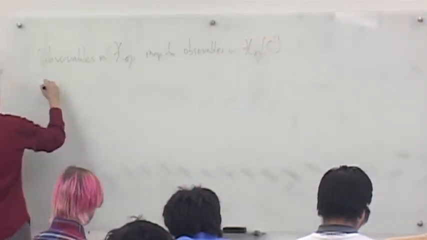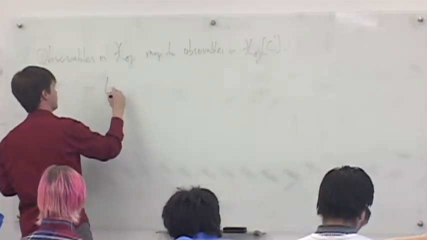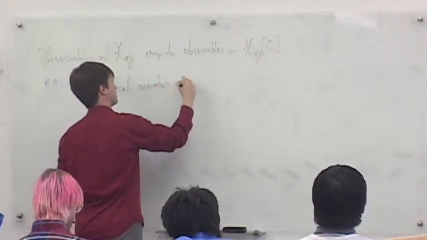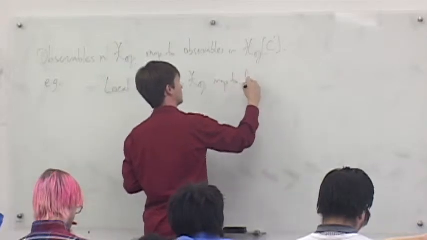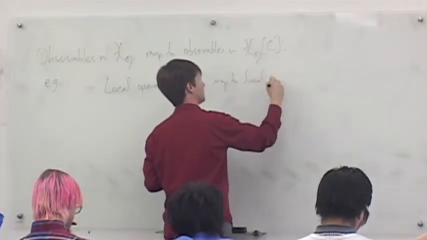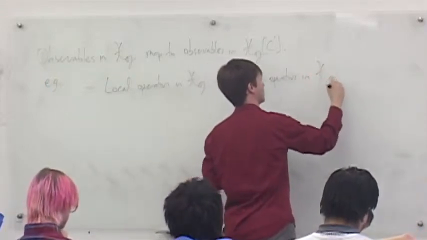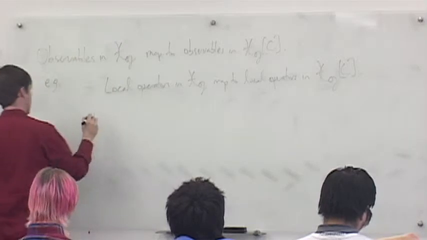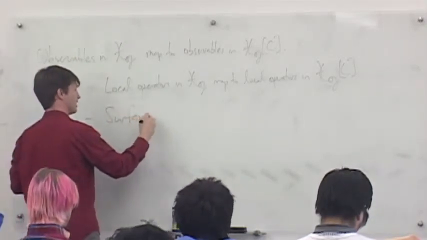So for example, I told you about a bunch of local operators in the theory X_G. And those will map to local operators in the compactified theory. A little more interesting is suppose we consider the surface defects, surface operators in X_G.